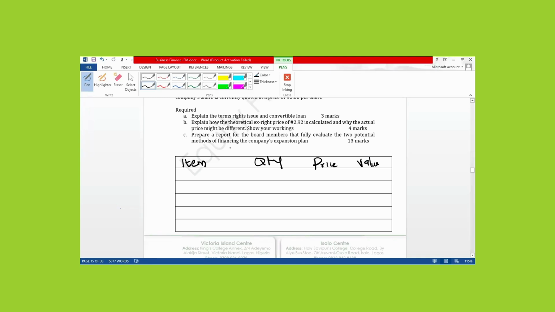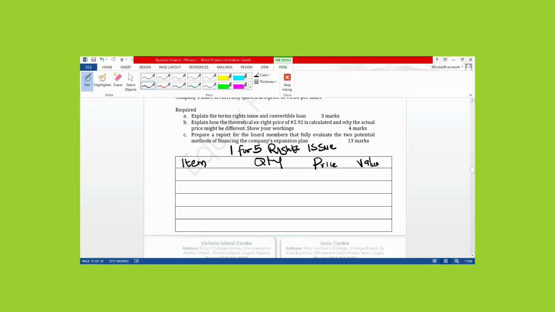Now go to the rights issue. Examiner says 1 for 5 rights issue.